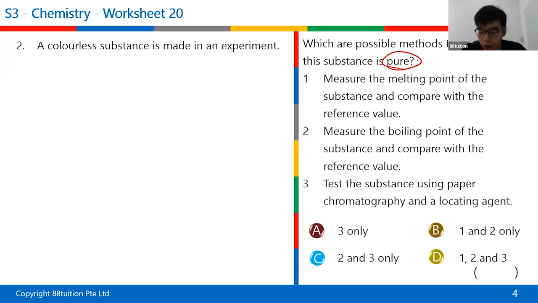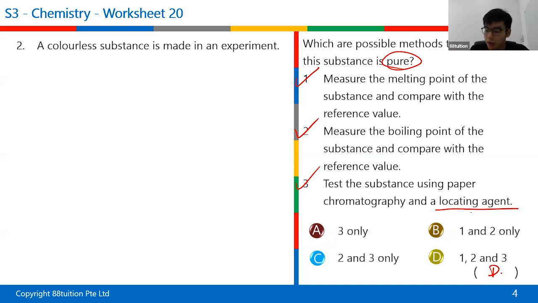Measure the boiling or melting point and compare with the reference value. Definitely. If you have a reference value and you know that the substance is supposed to boil at 50 degrees, you just check whether it really does and whether it matches. Test with paper chromatography and a locating agent also works. Correct. So the answer here will be D.